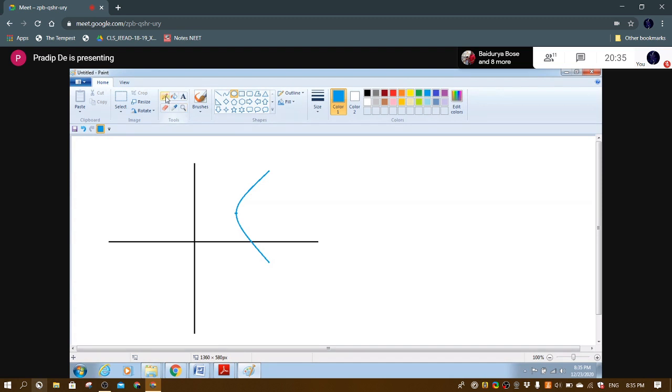Suppose the vertex is at the point (h, k).